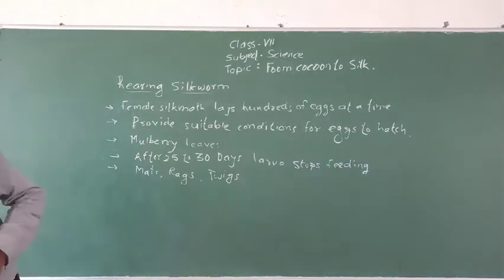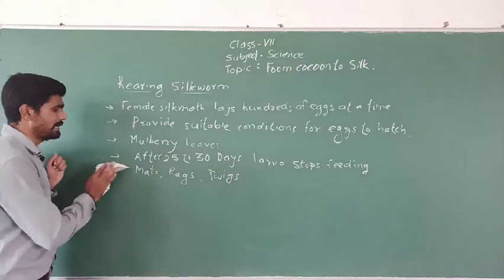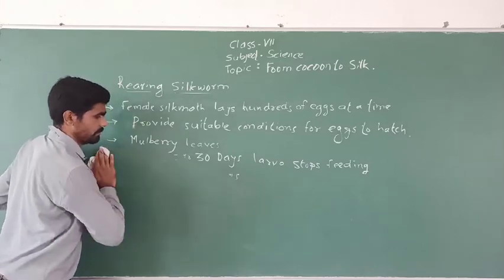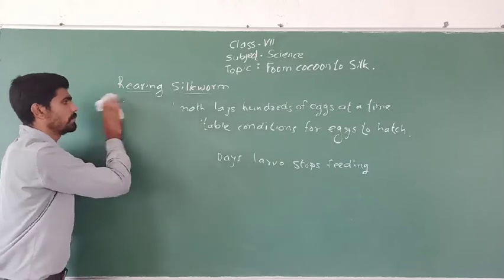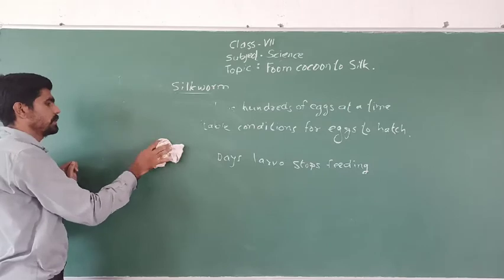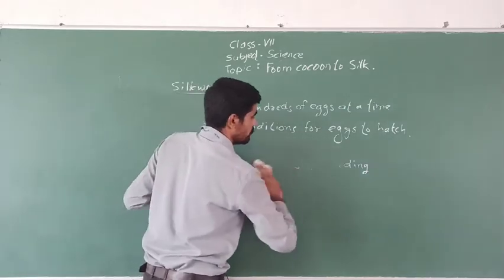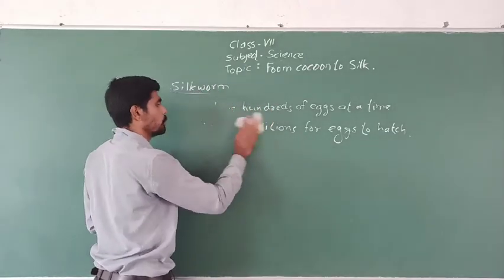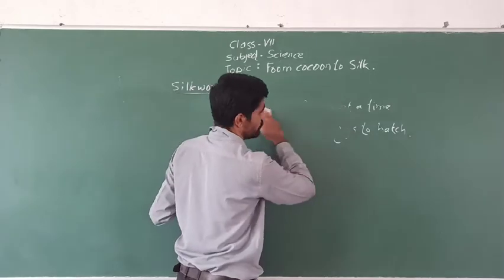Then what we have to do, when the cocoon has grown completely, there is a time reached when the pupa, which has grown in size, has to come out at some point of time.